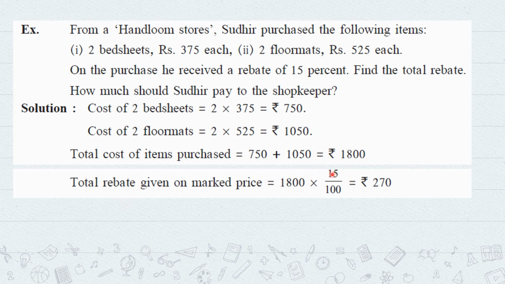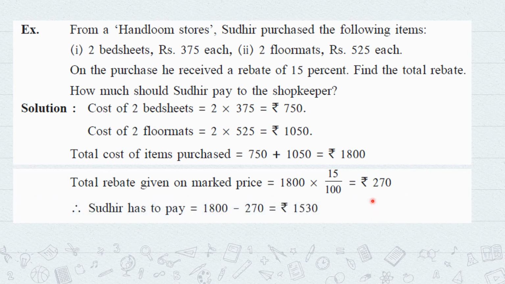So 15 upon 100 into 1800 will give you rupees 270. So Sudhir has to pay 1800 minus the rebate, that is 270 rupees, which is 1530. So Sudhir has to pay 1530 rupees.